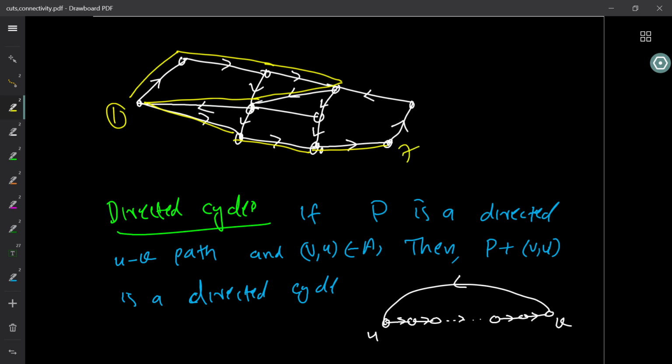So this is a directed walk, but it is not a directed path because the vertex 1 is repeating, right?